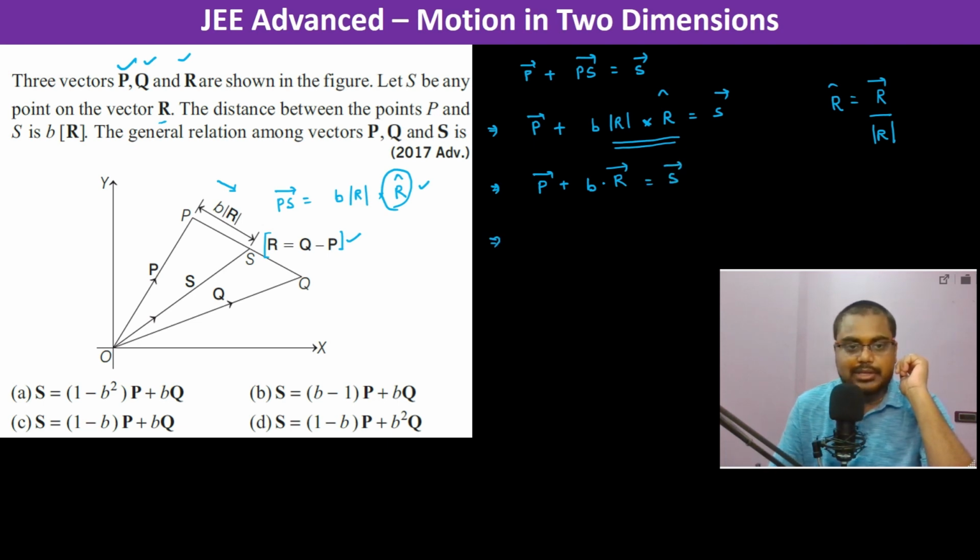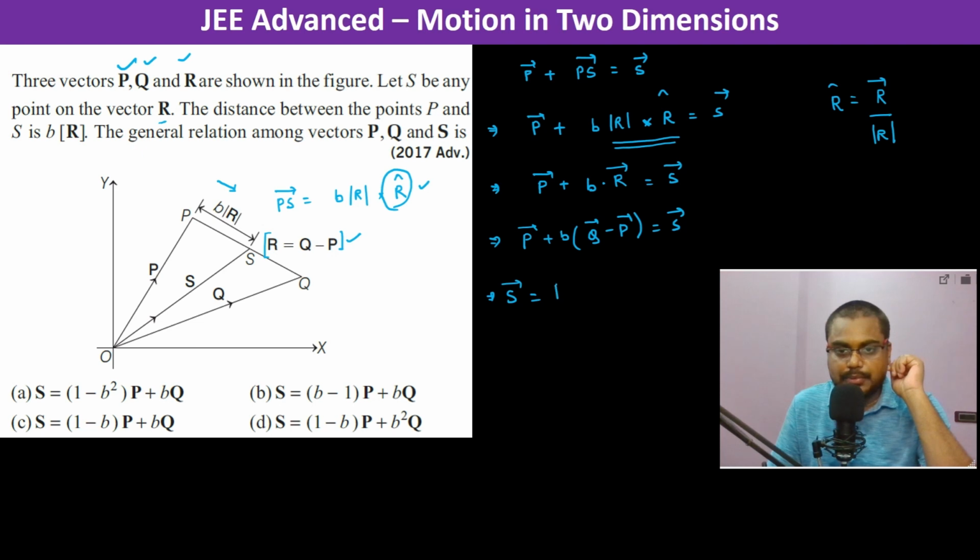Now R vector is given as Q minus P. So therefore we can write S vector is equal to P vector (1 minus B) plus B Q vector, which is C option. Thank you.